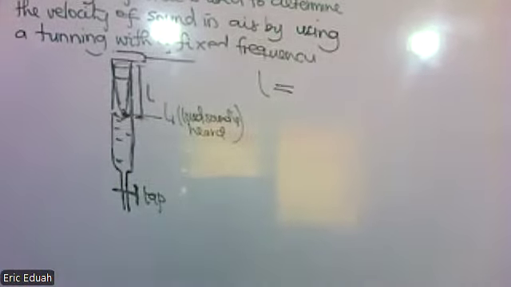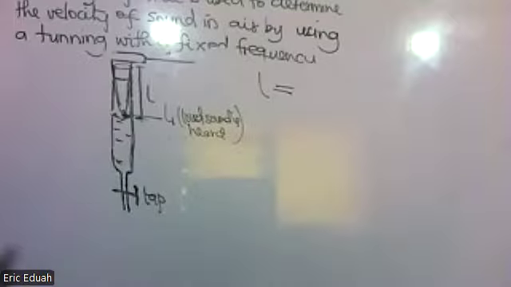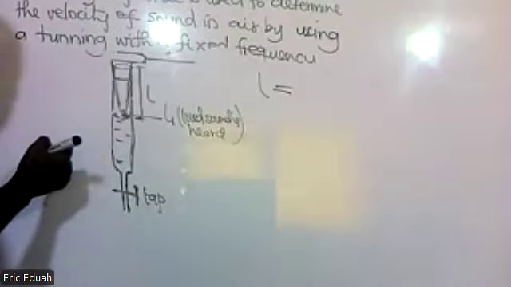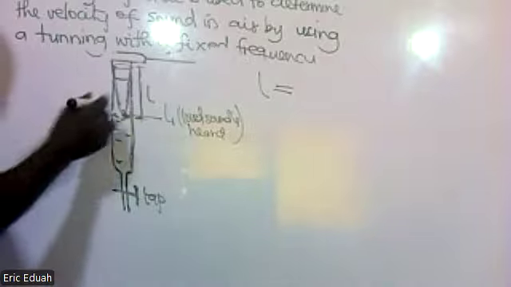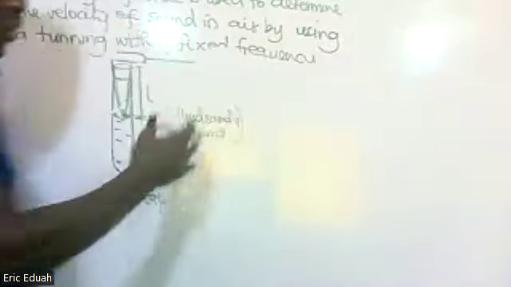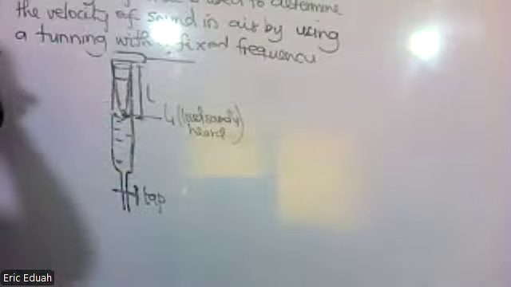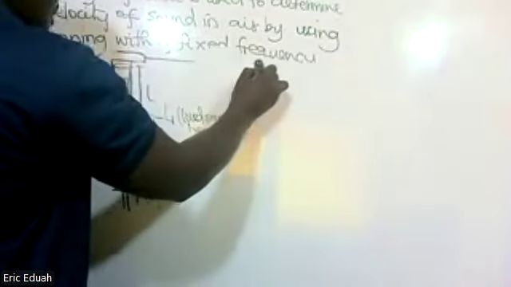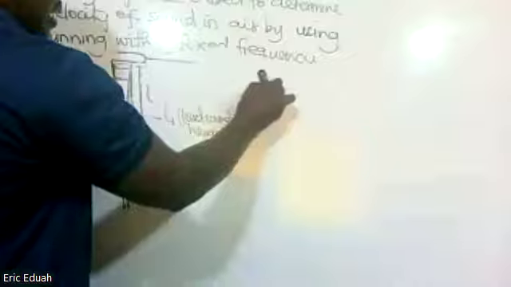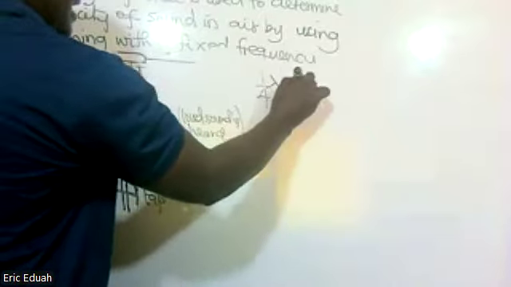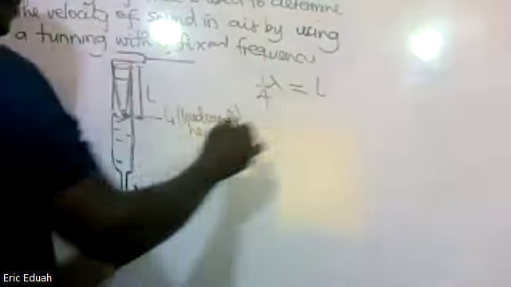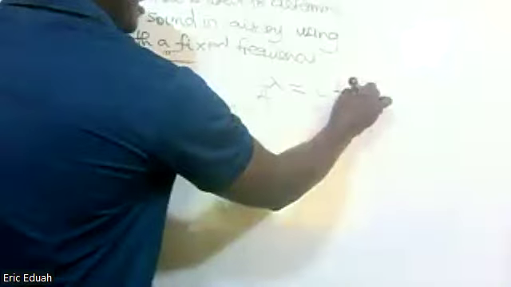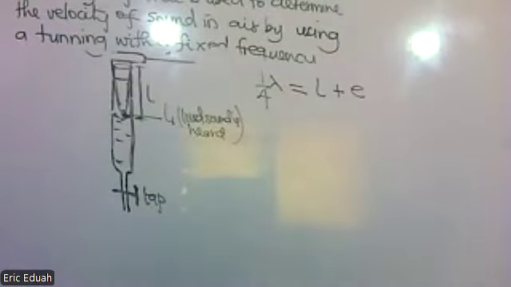This works on the principle of a closed pipe. So the first note is produced. If there is a consideration for end correction, which we mostly do under the resonance tube, then quarter lambda is equal to that length of the air column L plus the end correction E.